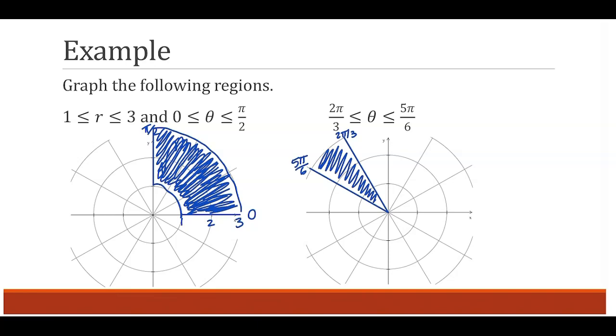So this portion right here would be part of the region I'm talking about, but because there's no restriction on r at all here, remember that our r's, our directed distances, could also take us directly away from these values in here. So that means that the little pizza slice on the opposite side in quadrant 4 would also be part of this region.